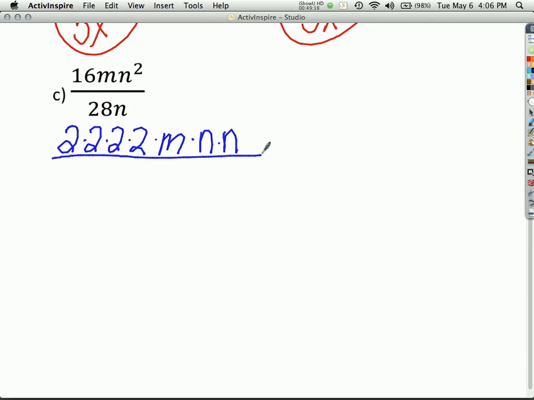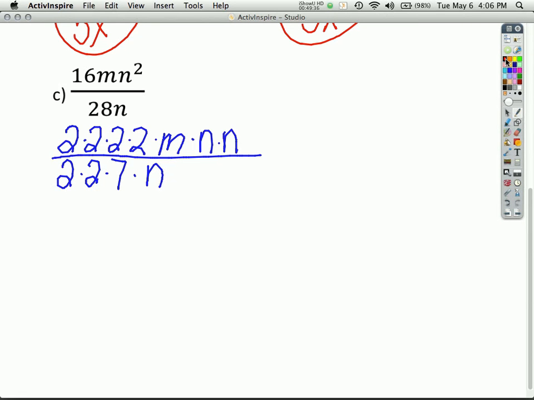What about the denominator? What will that be split into? Savannah? 2 times 2 times 7 times n. 2 times 2 times 7 is 28 times the 1n.